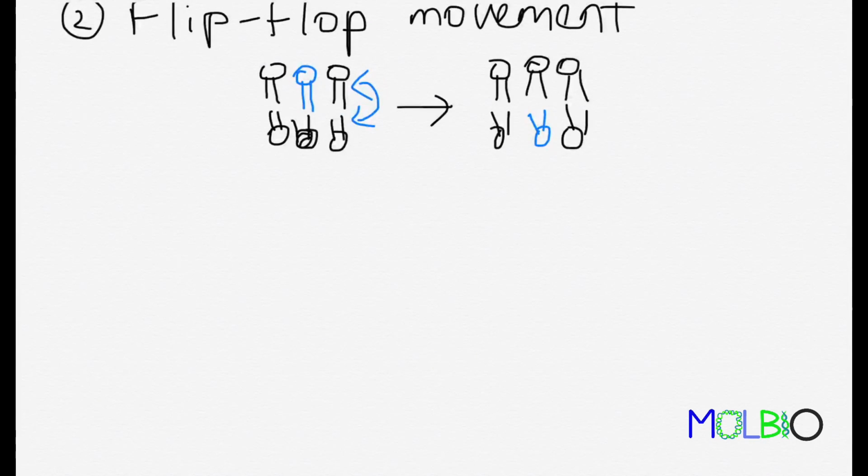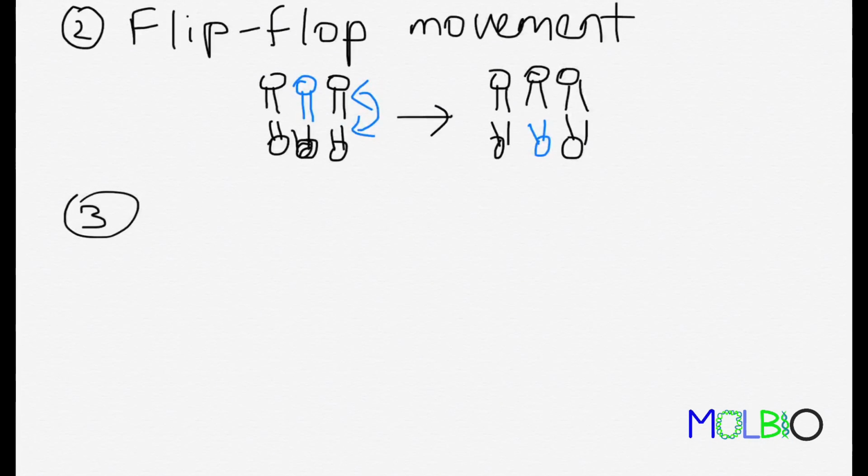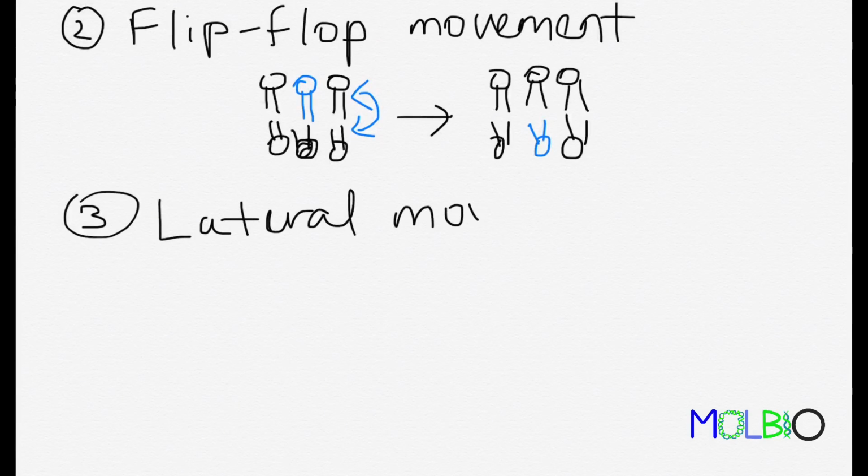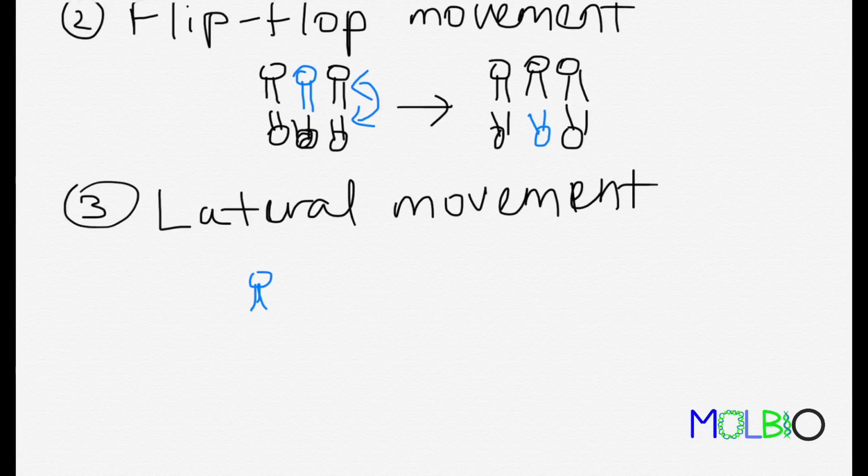Then we have the lateral movement, and this is something which can contribute to the movement of our lipid rafts. Suppose we have a lipid molecule here and we have some other lipid molecules here.